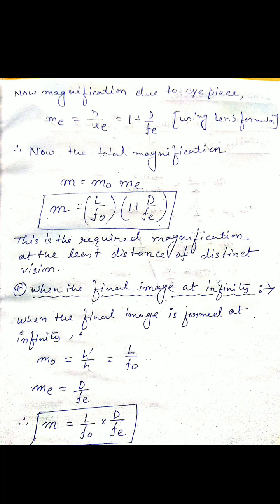It lies at fe, the focal length of the eyepiece. So the image is formed at infinity. So me equals D by fe, not 1 plus D by fe. Already we discussed in the simple microscope what happens if the image is formed at infinity. So m equals L by f0 into D by fe.